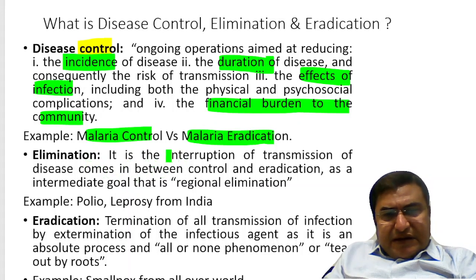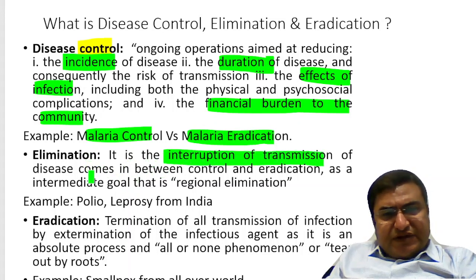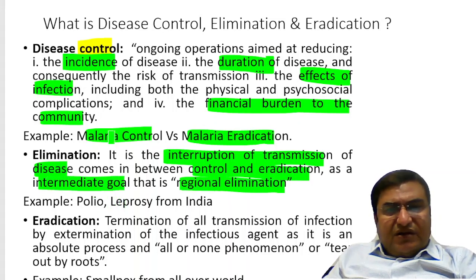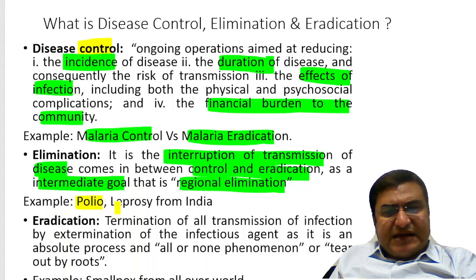Elimination means interruption of the transmission of disease. It is the midway between control and eradication. It can be an intermediate goal, that is regional elimination. You must be aware that now we have eliminated polio from the Southeast Asia region, and leprosy from India. So these are examples of elimination.